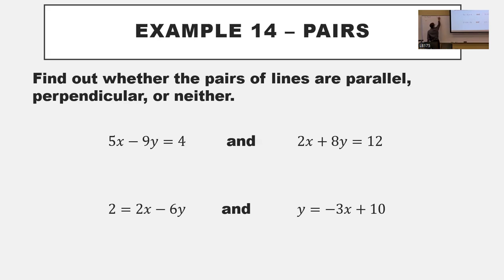I'm going to write down the other lines first. The other line is 2x plus 8y equals 12. I can solve for y there. In the other pair, I have 2 is equal to 2x minus 6y, and y equals negative 3x plus 10.